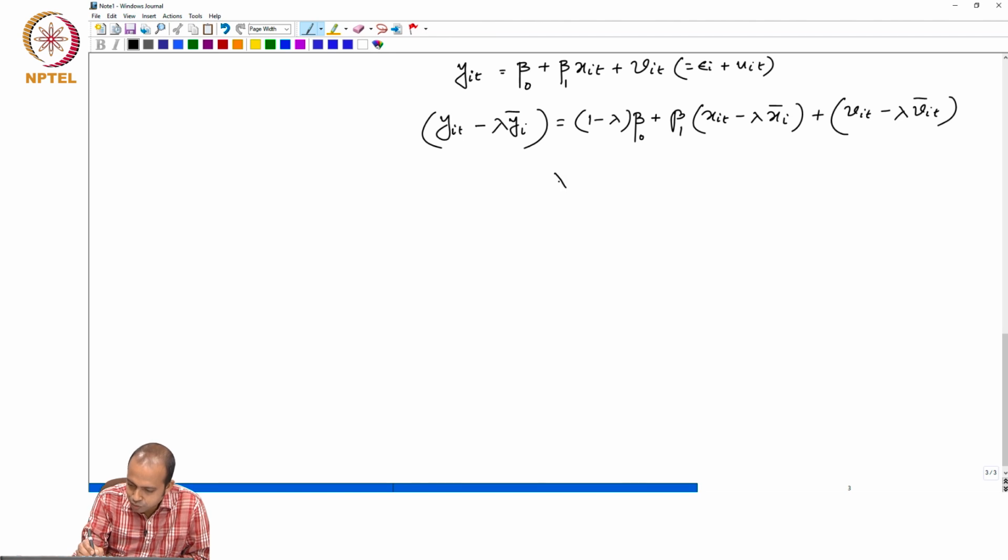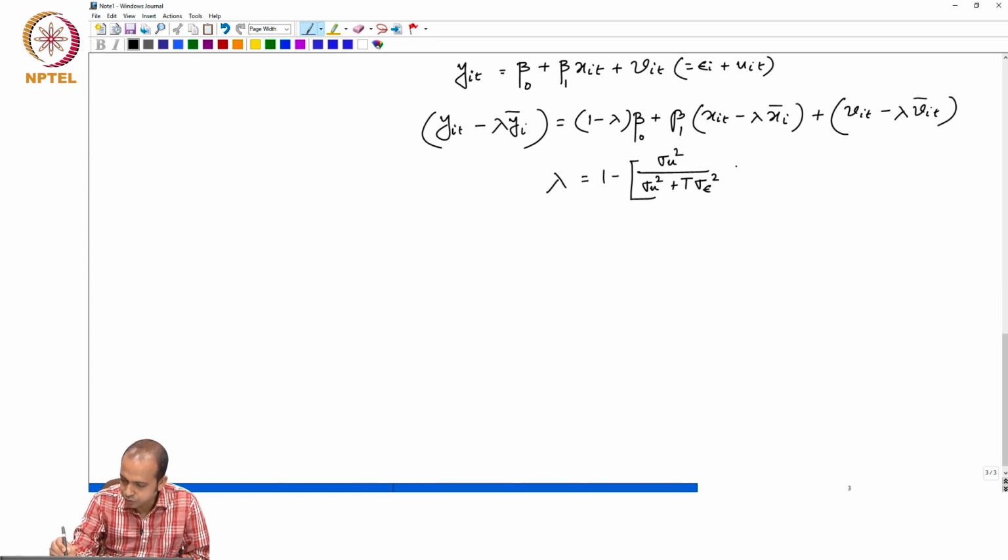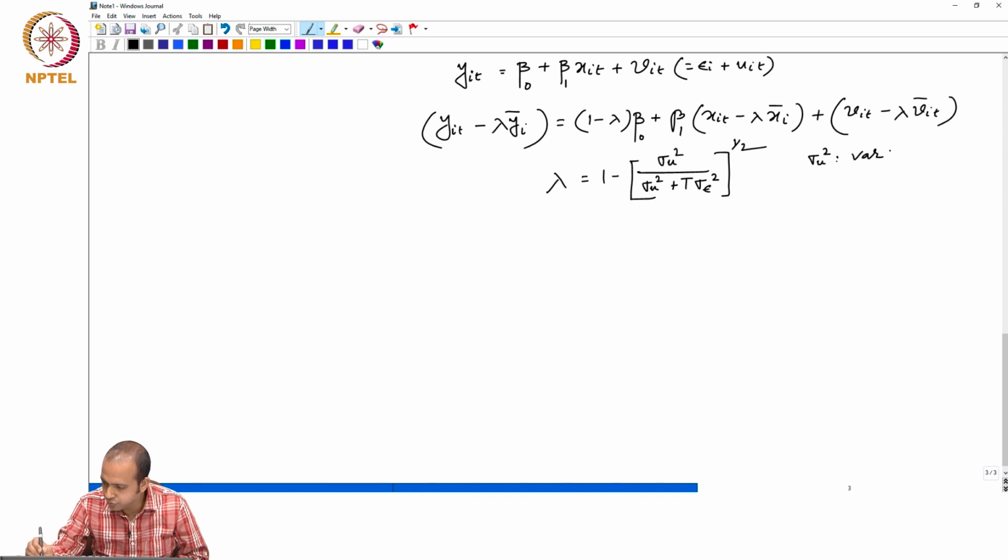And what is this lambda? How is it defined? Lambda equals 1 minus the square root of sigma square u divided by sigma square u plus T times sigma square epsilon, where sigma square u is the variance of u and sigma square epsilon is the variance of epsilon.